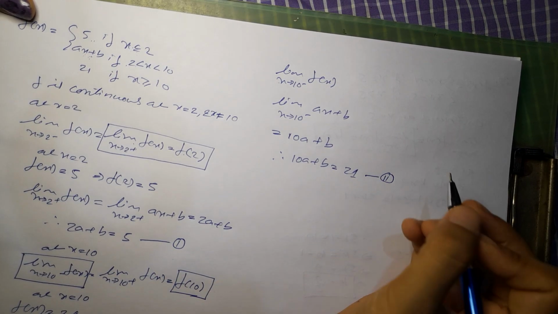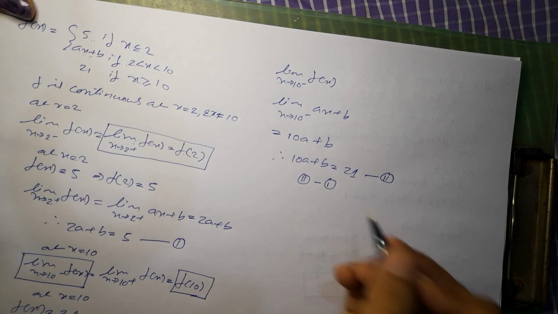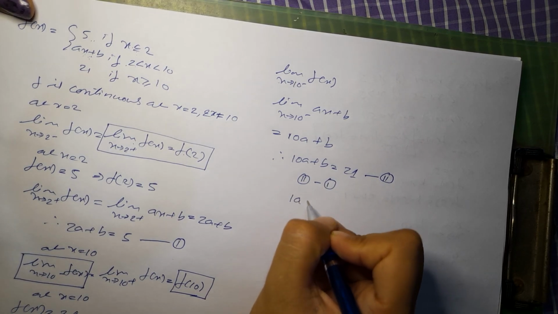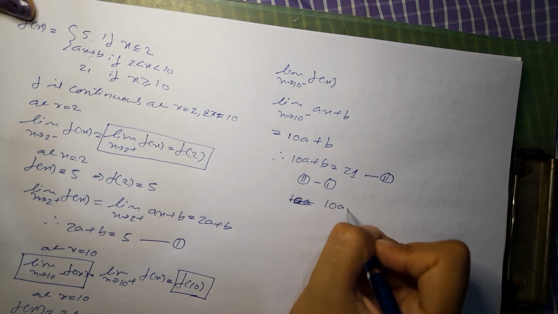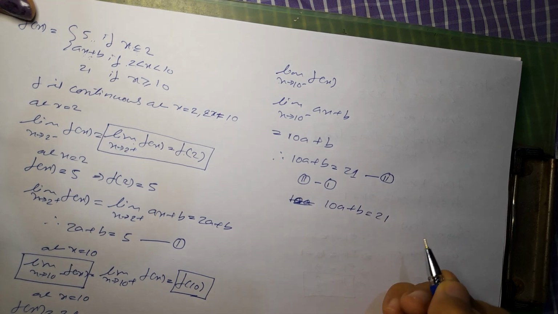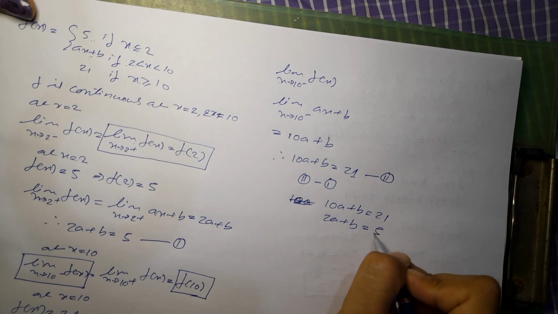So we can go for 2 minus 1. 2 minus 1 is also correct, 1 minus 2 is also correct. So 2 minus 1: 10a plus b equal to 21, minus 2a plus b equal to 5.